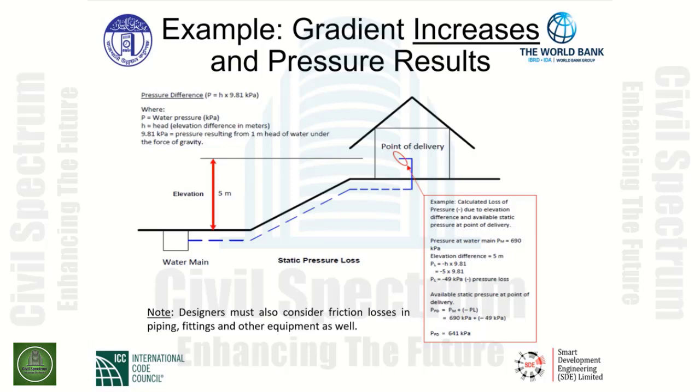The resultant static pressure at the point of delivery is then 641 kilopascals. Now, designers must also consider friction losses in the piping, fittings, and other equipment as well as the total design for pressure loss in the system.